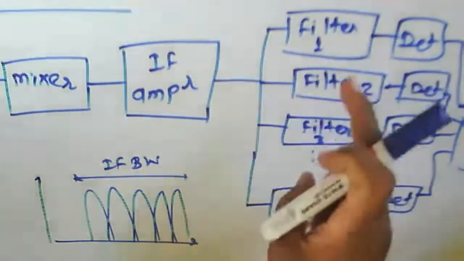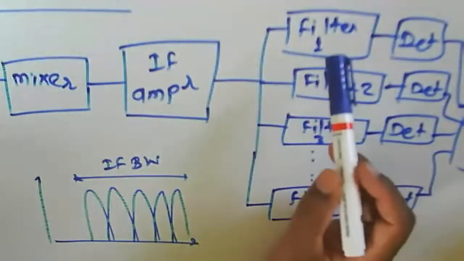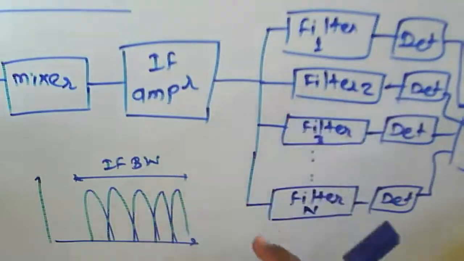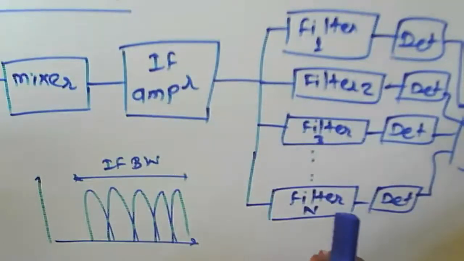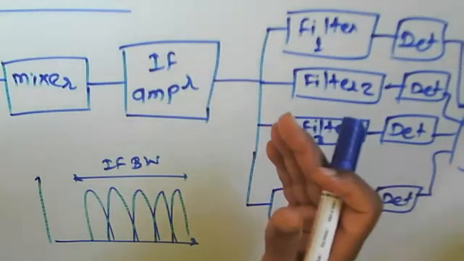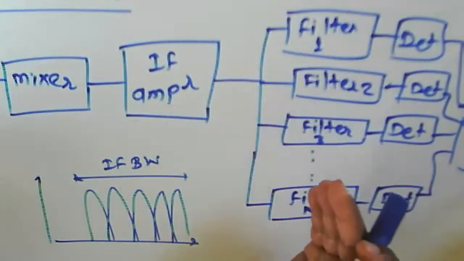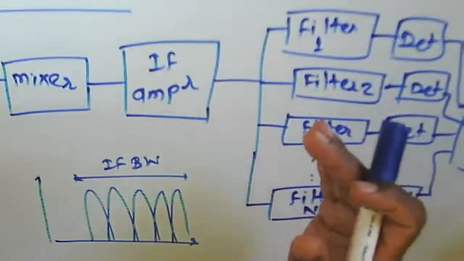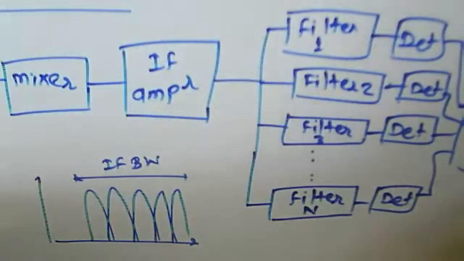If we use a larger number of filters, then the band of operation of the receiver will be large, which means it will work in wide band operation. And because of the larger number of filters, the loss will be less here. But because we use more filters, a small variation in the signal can be caught by the detector or by the receiver.